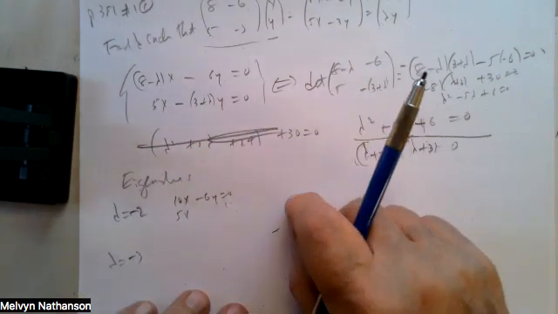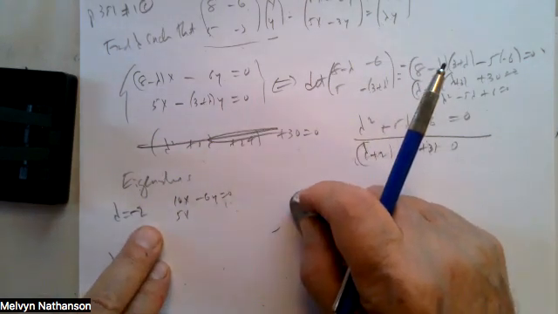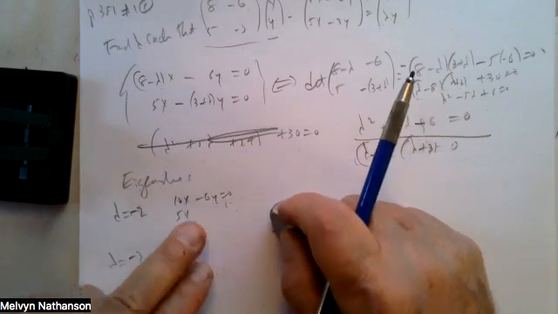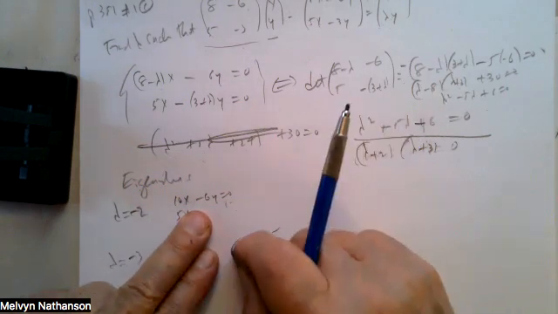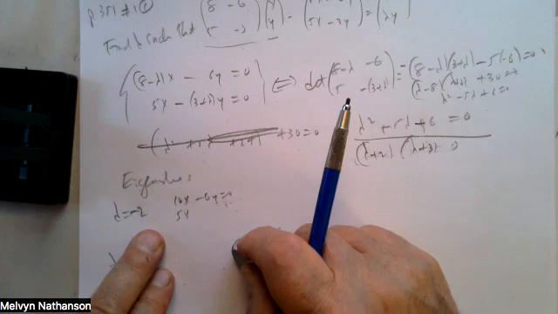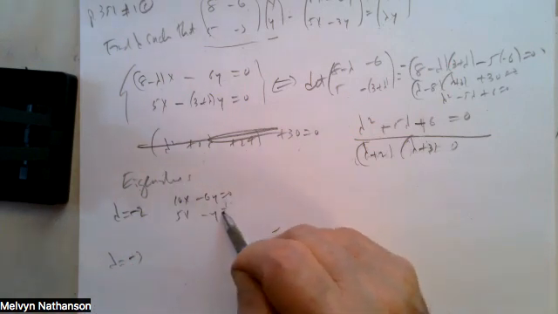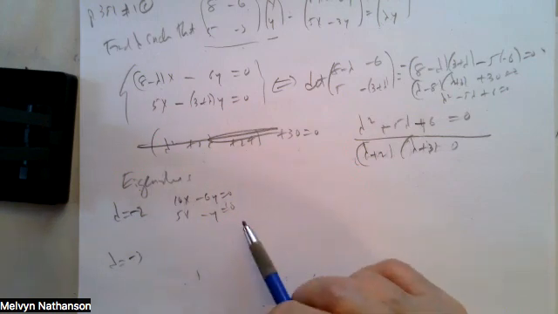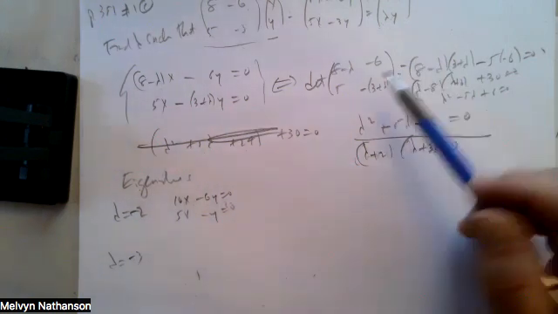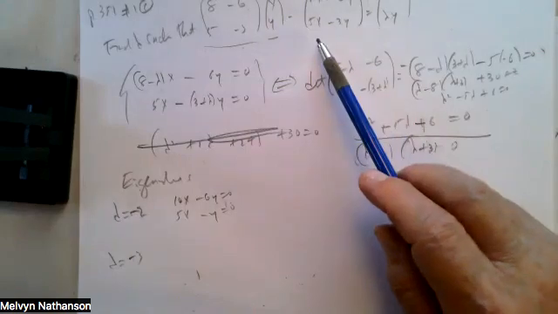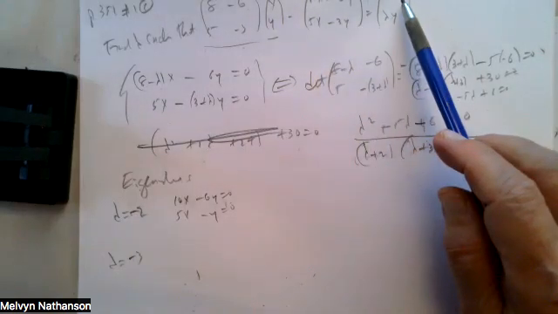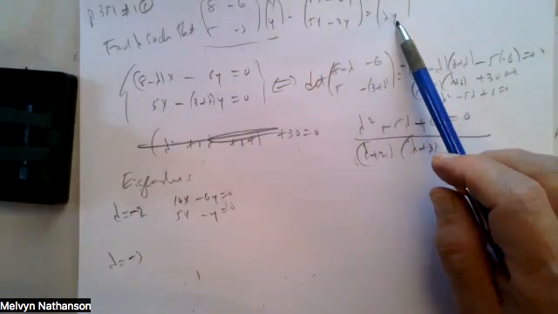When λ is -2, it's 10x - 6y equals 0, 5x minus y equals 0. So something isn't right here. I need to figure it out. 8x - 6y, 5x - 3y, λx, λy.